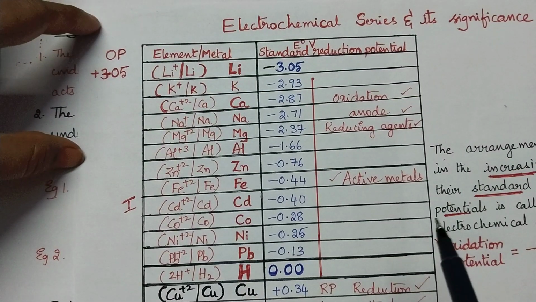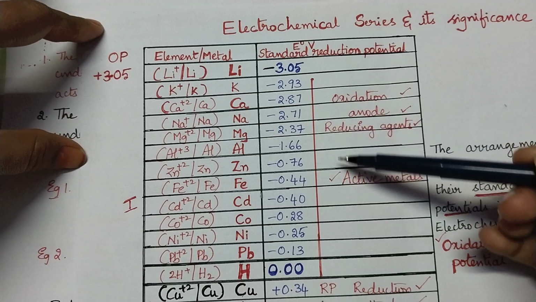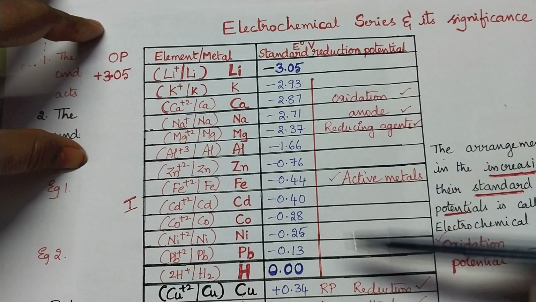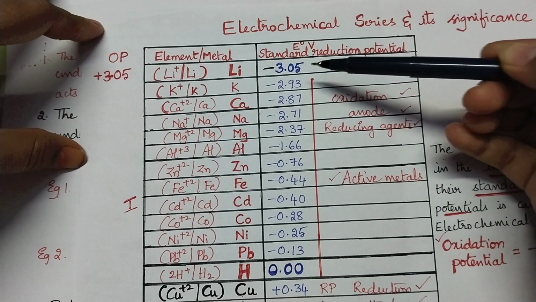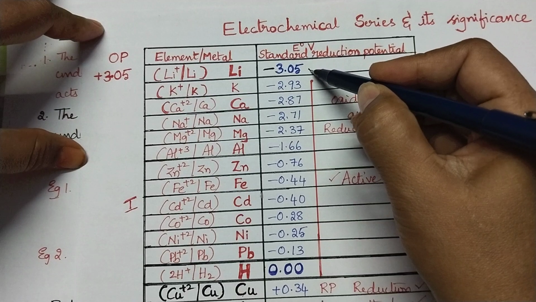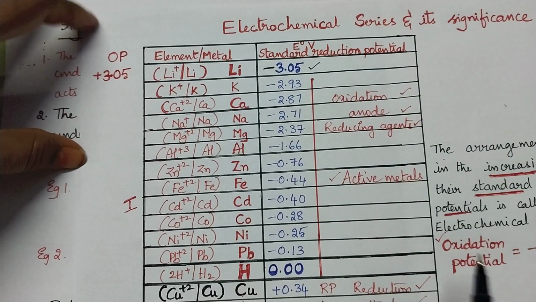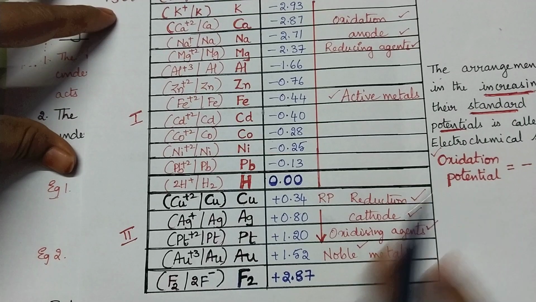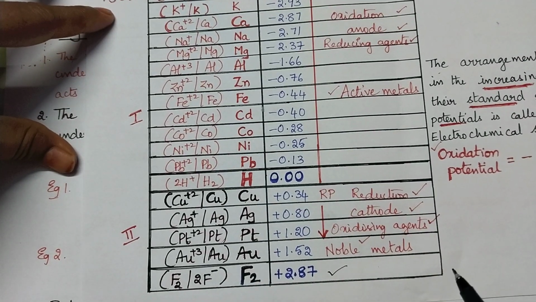From this electrochemical series, it is very clear that the reducing power is decreasing from top to bottom, whereas the oxidizing power is increasing from top to bottom. That means lithium is the best or strongest reducing agent, whereas fluorine is the strongest oxidizing agent.